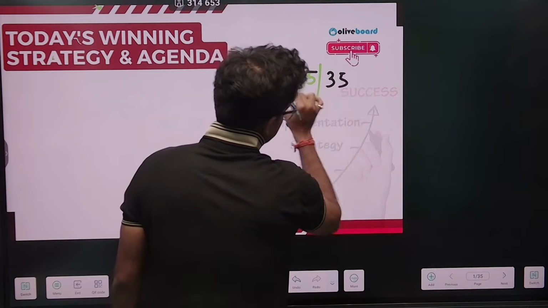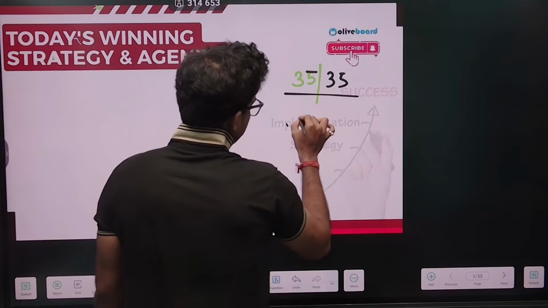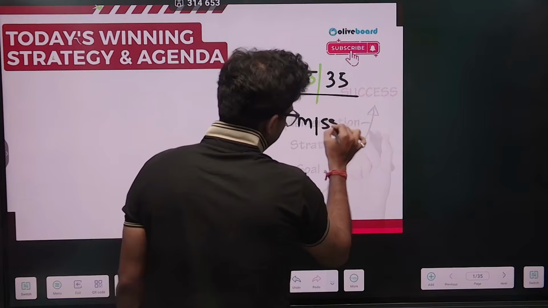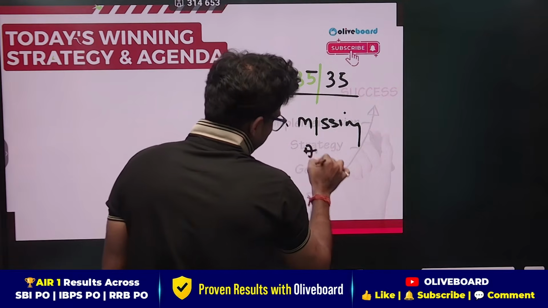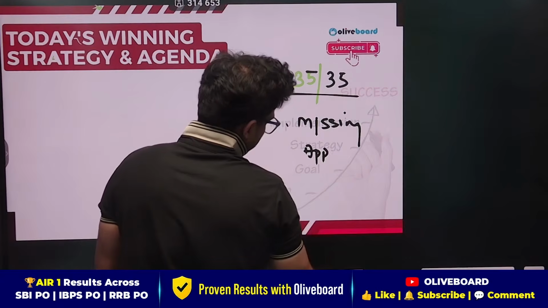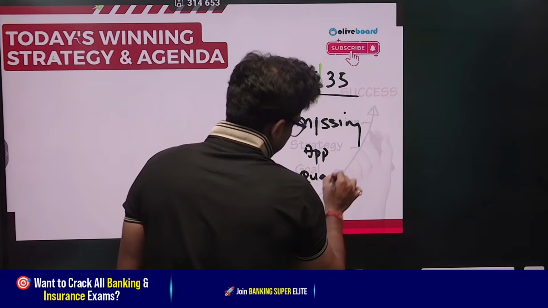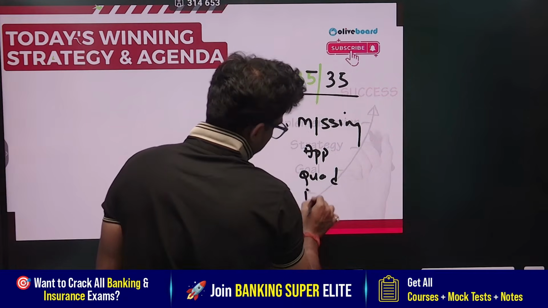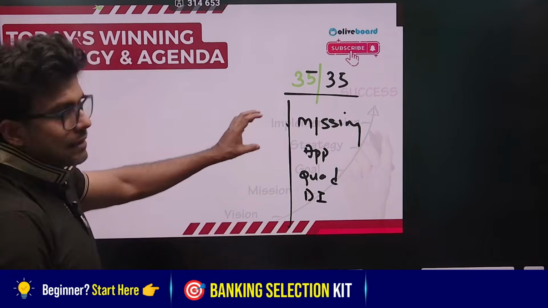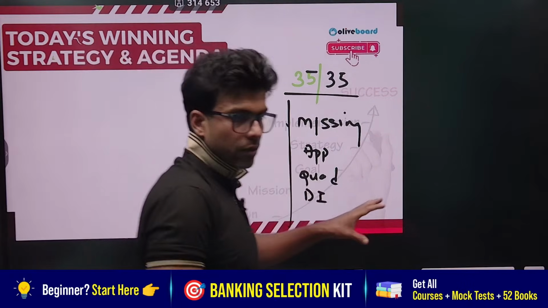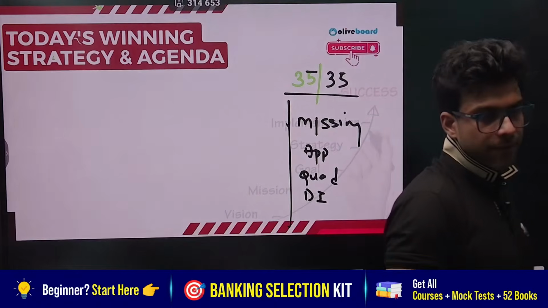First of all, we will be solving missing number, speed maths, then approximation, then quadratic, and then DI. So this will be the series for today's class: missing number, approximation, quadratic equations, and then DI.